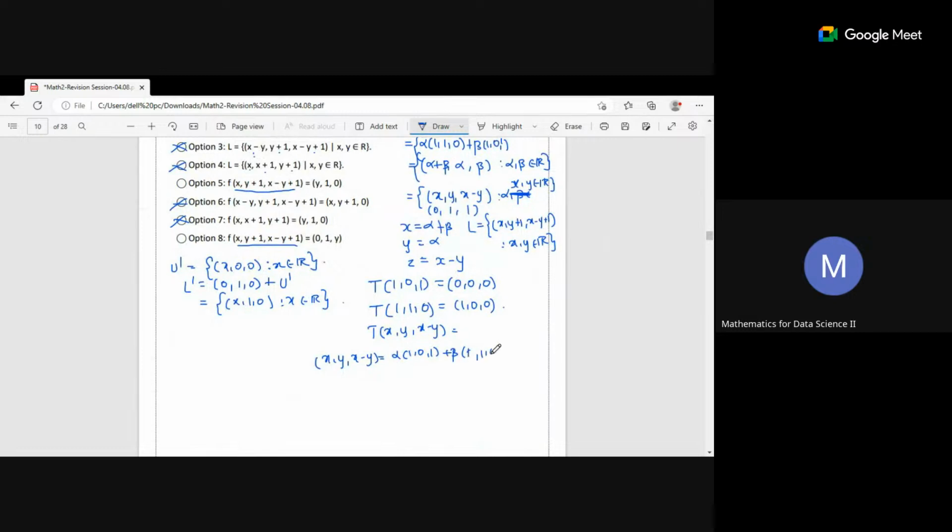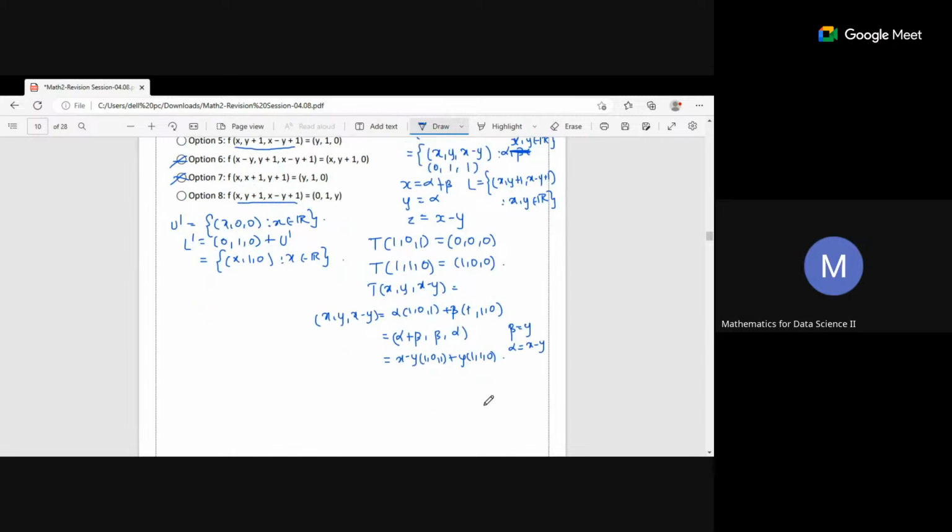Here (1, 1, 0) is there, so alpha plus beta, then beta, and then alpha. So your beta is y and alpha is x minus y. Okay. So you get x minus y times (1, 0, 1) plus y times (1, 1, 0). Is this fine up to this step? Yes or no? Yes, okay.